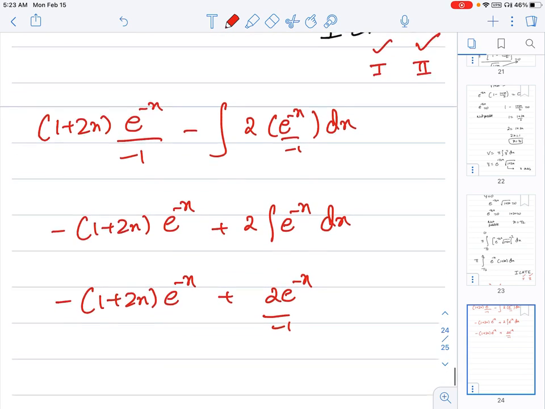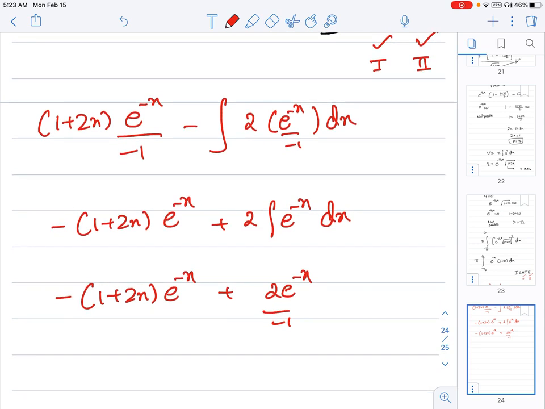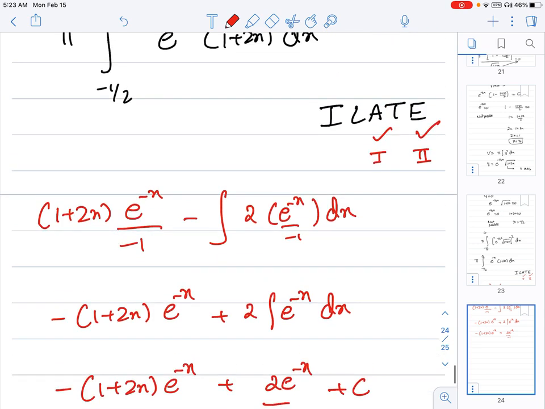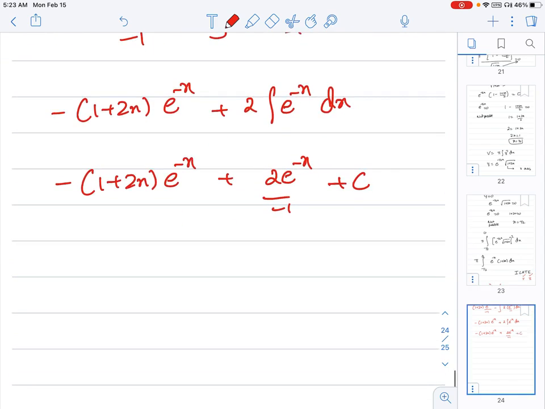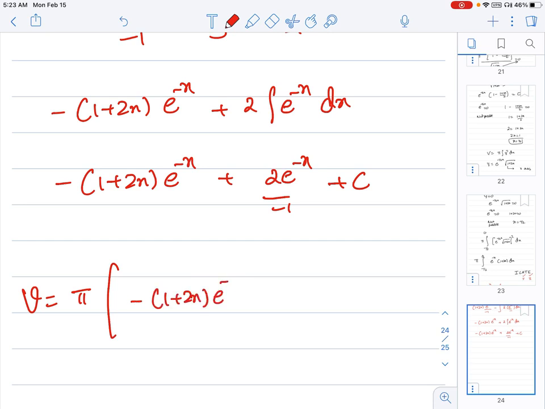Now what am I going to do? This is plus c, the one without the limits. Now I have to apply the limits. So V is equal to pi times minus 1 plus 2x e to the power of minus x minus 2 e power minus x, from minus 1 by 2 to 0.